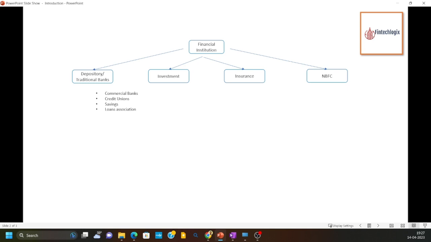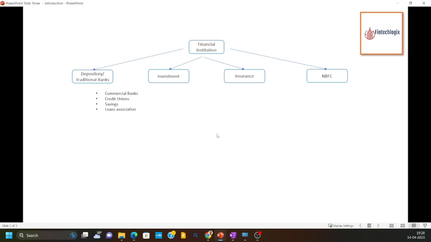Now, the third ones are savings banks, wherein they create current accounts and savings accounts, called CASA, deposit accounts where customers can deposit their funds and withdraw whenever they require. And the last one, but not the least, are loan associations. Under this, we normally see LSPs or loan service providers, and the wholesale bankers, as we were talking about, who lend to LSPs, also come here, right?